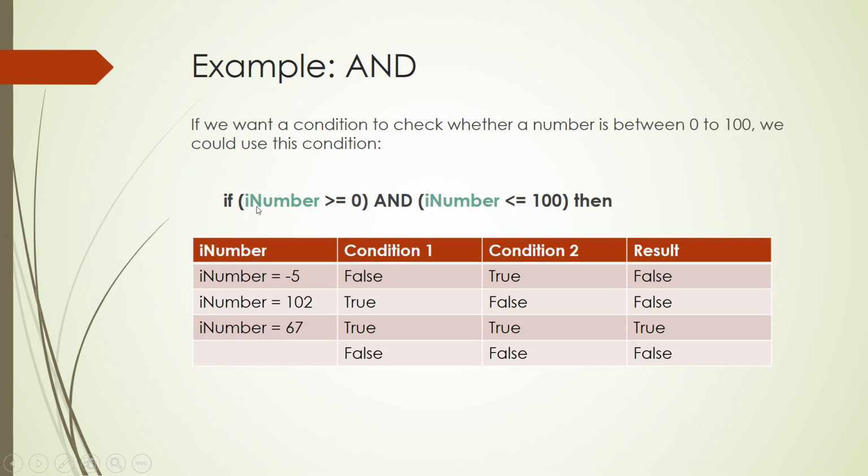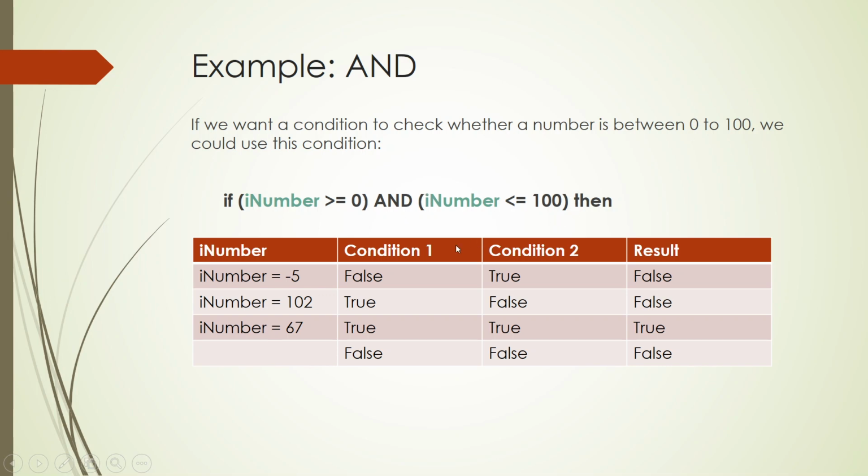Let's look at an example: I number greater than or equal to 0 and I number less than or equal to 100. When you're comparing two conditions using the AND operator, you must have brackets around each of the conditions.